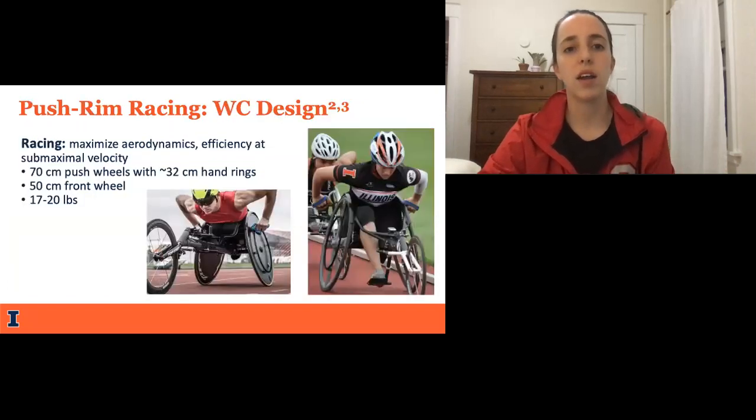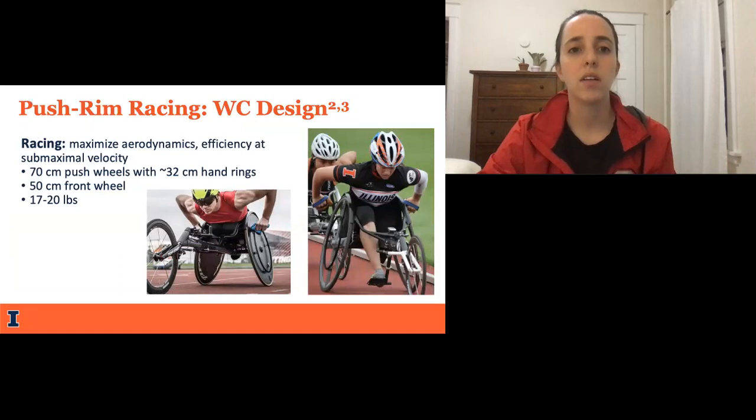So racing design: you want to maximize aerodynamics and efficiency at sub-maximal velocity. It's kind of hard to sprint in these chairs; a lot of the time they're built for sub-max movement. The chair wheels are 70 centimeters, and there's a 32 centimeter hand ring.